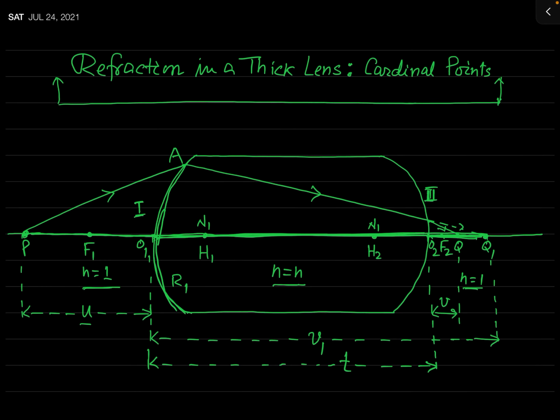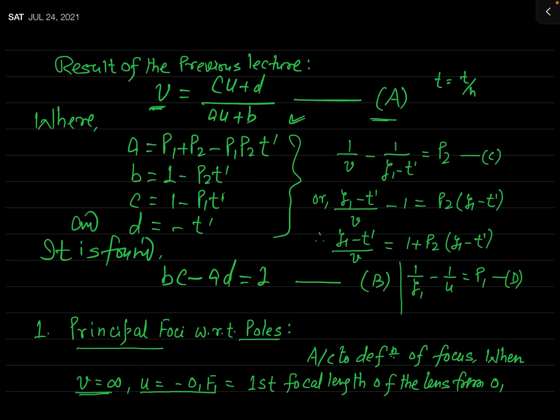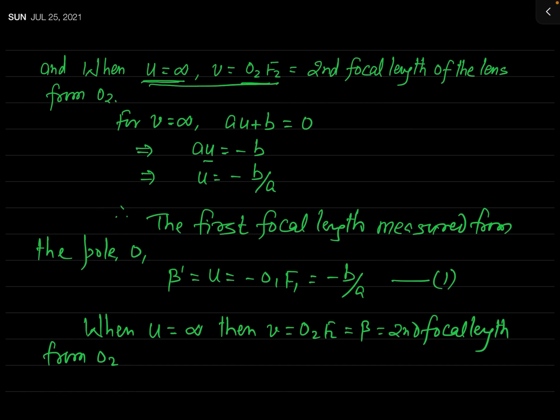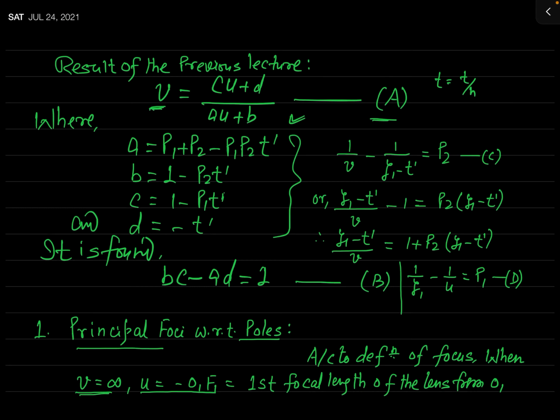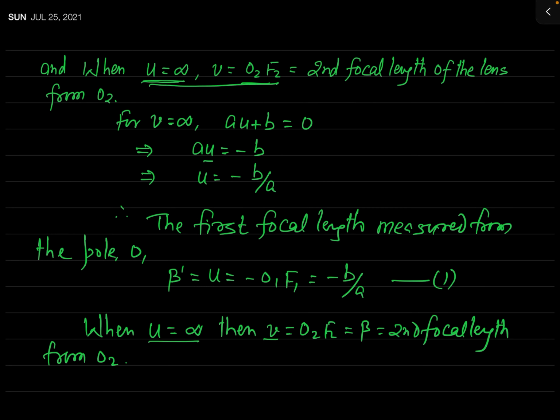This is measured from the pole of the second surface O2, you can see here. And for getting the value of this v, we will simply put u equal to infinity in this result A.